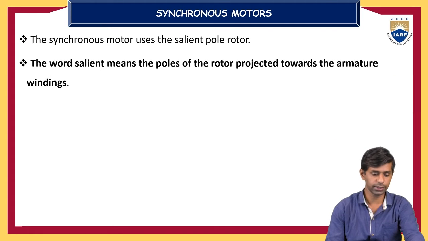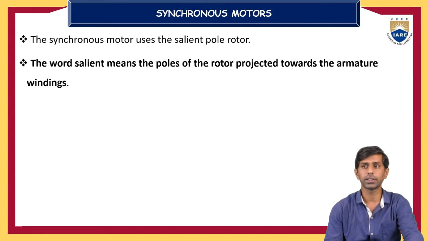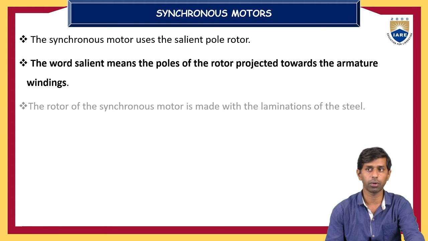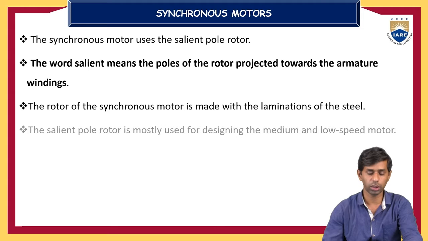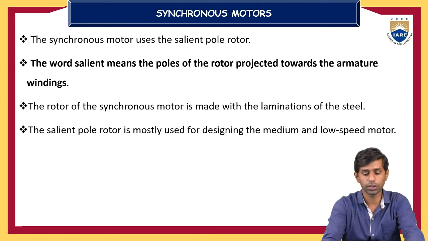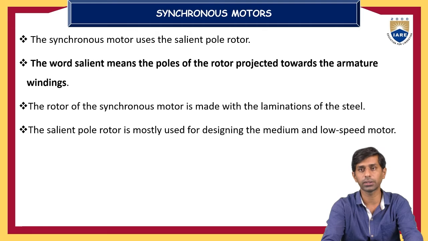In most cases, as we discussed, synchronous motors use a salient pole or projecting pole type rotor structure. The rotor of a synchronous motor is made with laminations of sheet steel. Generally, we know how we reduce the eddy current losses as well as the hysteresis losses of the core by choosing a proper steel, that is high grade silicon steel, as well as by properly laminating the stator and the rotor.